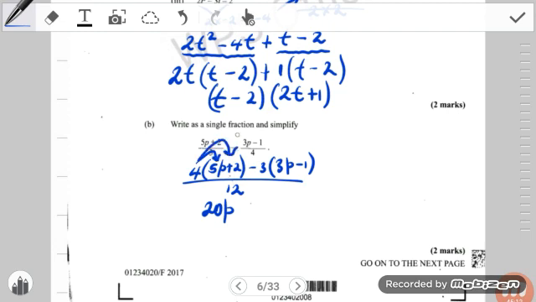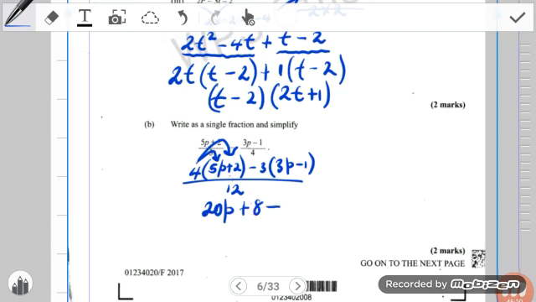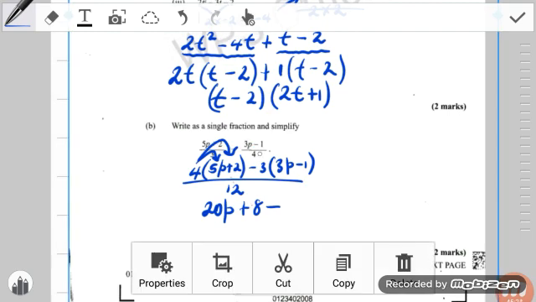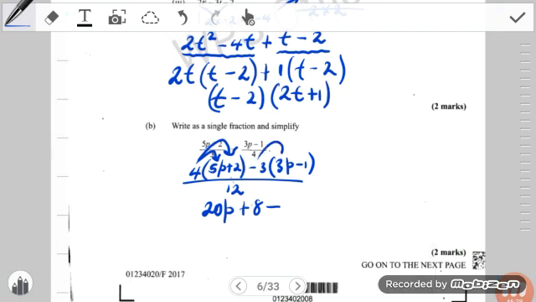Then we're going to take minus 3 times 3p, that's minus 9p, and minus 3 times minus 1. Remember, watch your signs. Minus times minus is a plus, and 3 times 1 is 3. And this is all over 12.